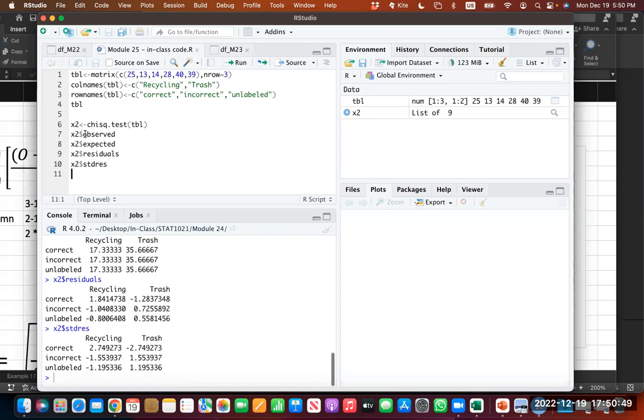And the standardized residuals are those that were standardized for deviations of the number of entries in each cell.